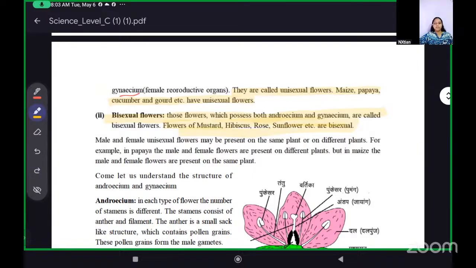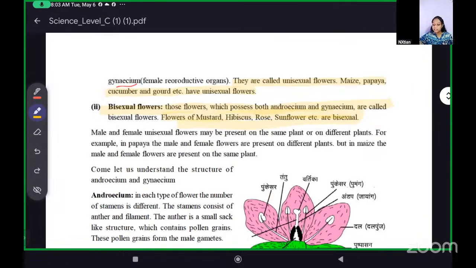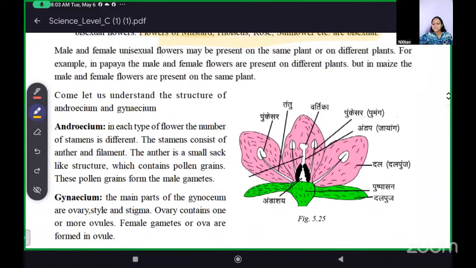are all bisexual flowers. Now, male and female unisexual flowers may be present on the same plant or different plants. In the same plant, it may be possible that some flowers have male reproductive parts and some have female parts.